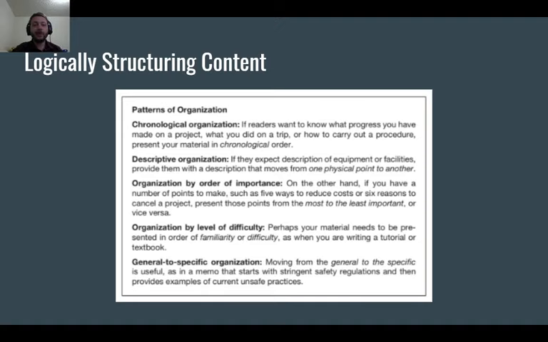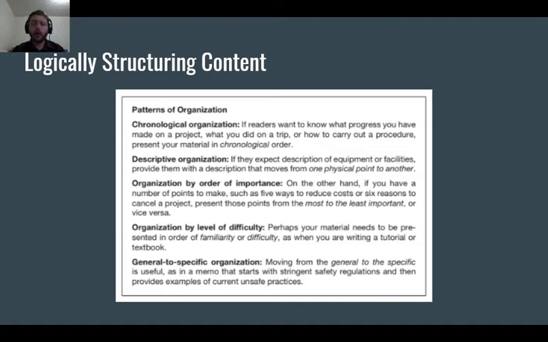It's a progression. For instance, with an instruction manual, it's a progression of step 1, step 2, step 3. Or if you're recounting something, maybe a report of a lab or a study that was done, you're recounting things as they happen in time, forward in time. So that's going to be chronological order.